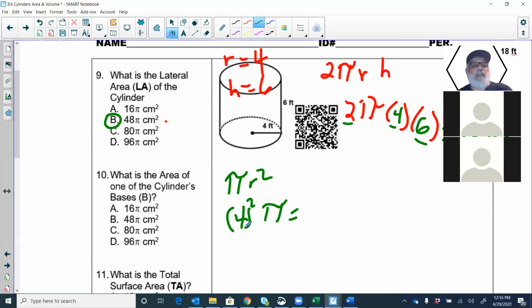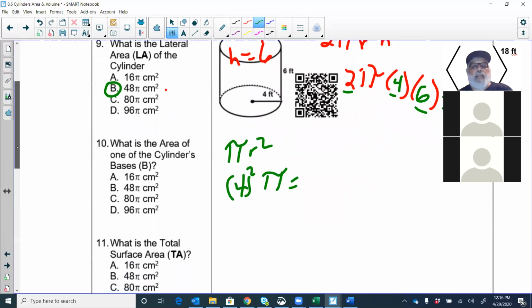So then now we're going to find the area of the base, which is pi r squared. I just got to square the 4.